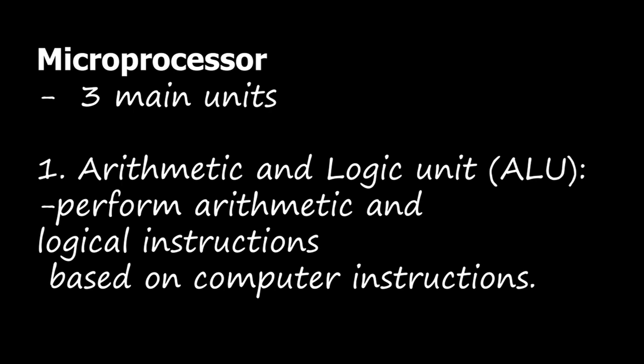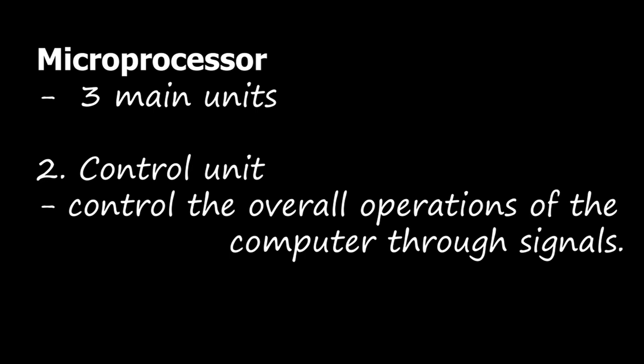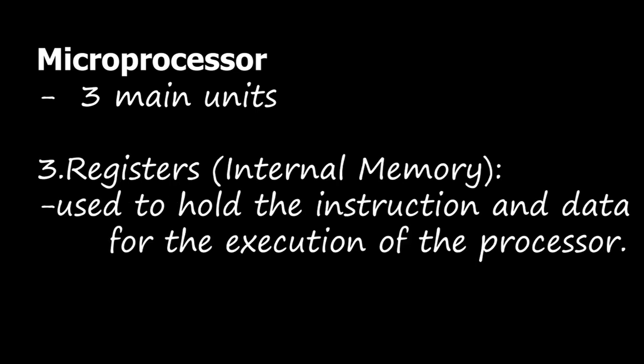Okay, and the next one is the control unit. Control unit means this only controls all the operations which are done in this computer. Okay, and the next one is internal memory, or we can say register. The things which you give as the input will be saved where? In the register.